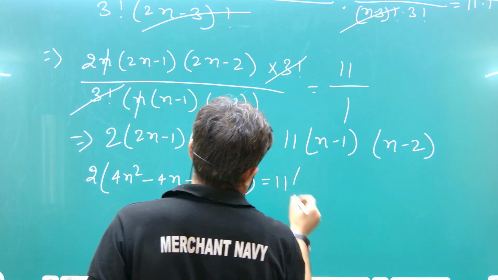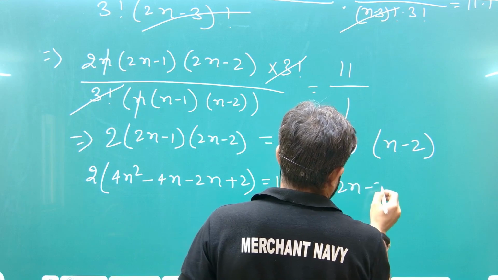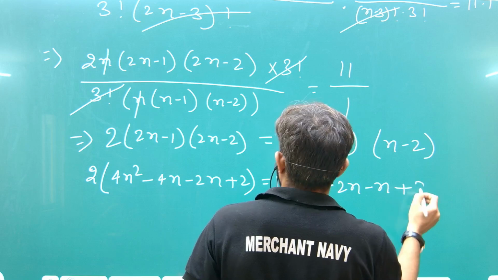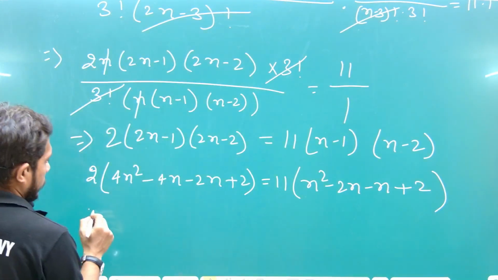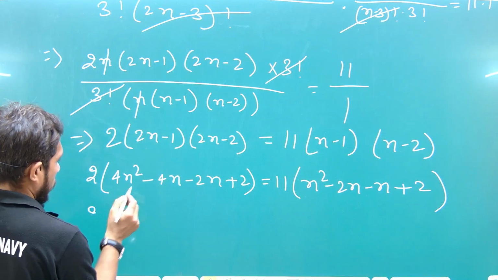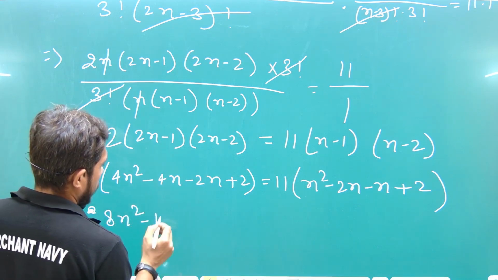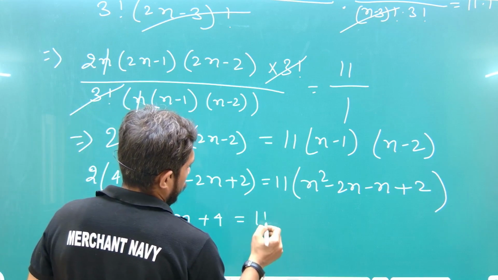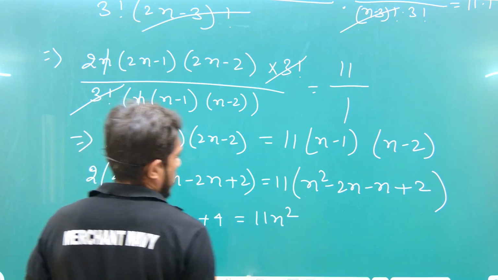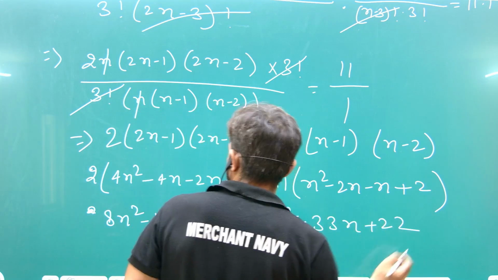On this side it becomes n square minus 2n minus n plus 2, so 8n square minus 12n plus 4 equals 11n square minus 33n plus 22.